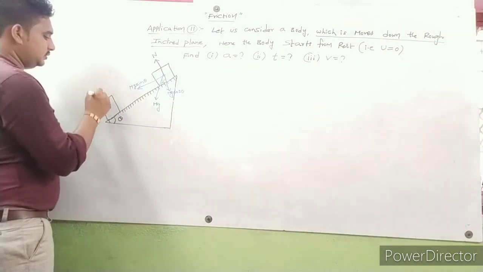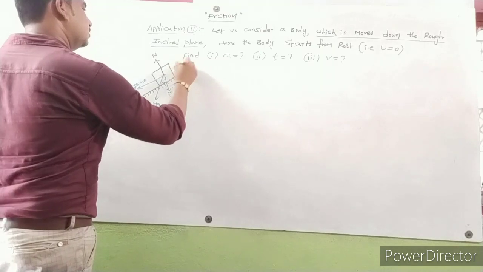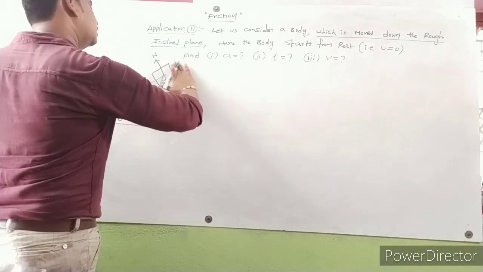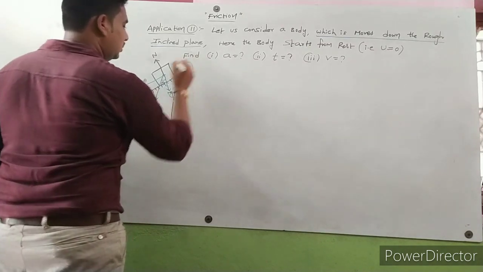Here the velocity is v, and the initial velocity is 0 for this block.